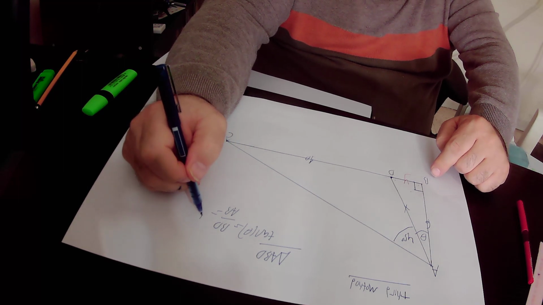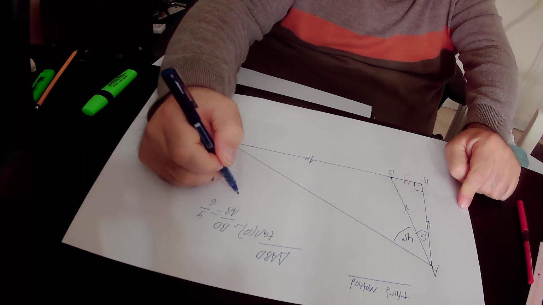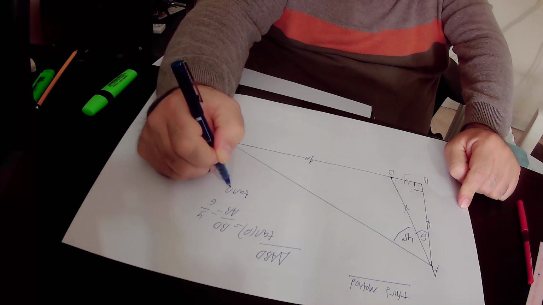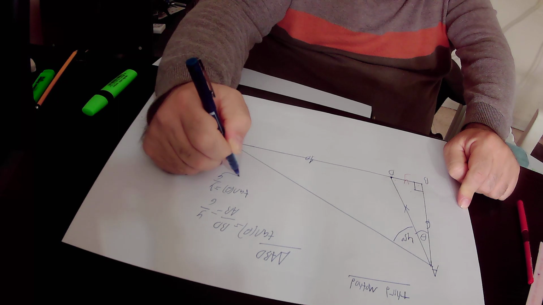BD is equal to y according to our definition, and AB equals 6. So in conclusion, we found out that tangent theta in the right triangle ABD is equal to y over 6.